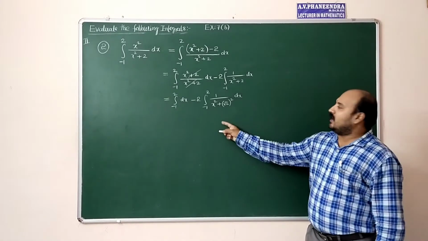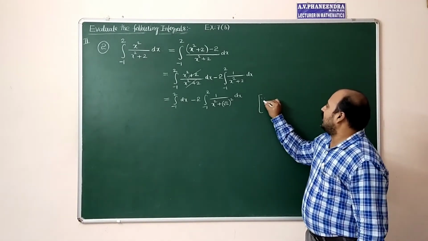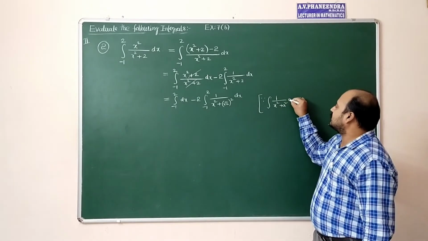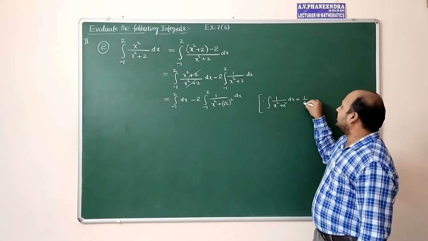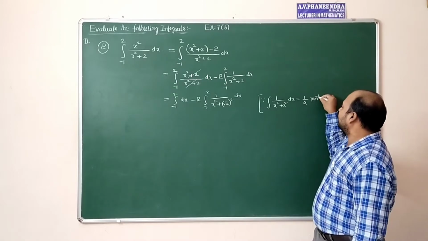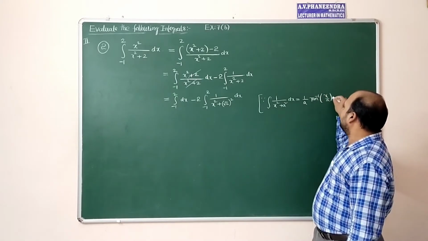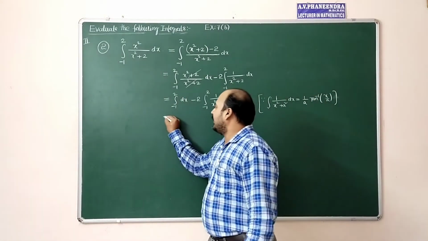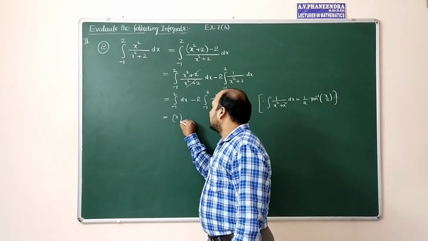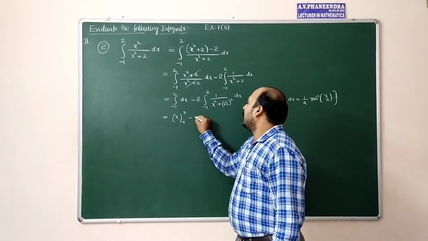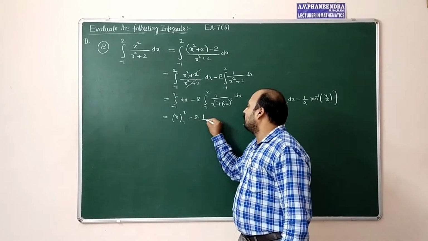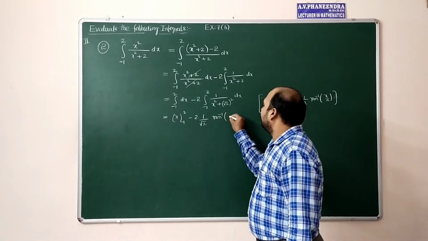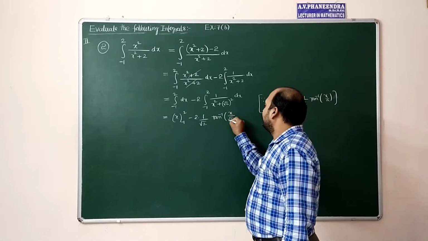In the second integral, we are going to apply this formula: integral 1 by x square plus a square into dx is equal to 1 by a into tan inverse x by a. So now integral dx is x, applying the limits minus 1 to 2, minus 2 into 1 by a, 1 by root 2, into tan inverse of x by a, that means x by root 2.